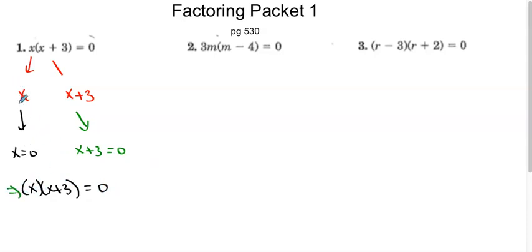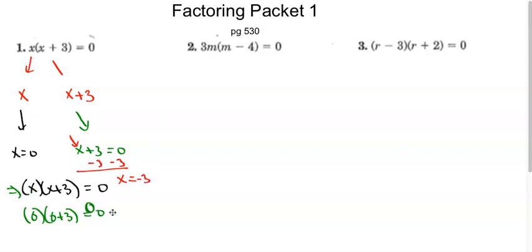Well, this one's easy. When x is 0, if I plug in 0, 0 times x plus 3, I don't even care what x plus 3 is, I will get 0. And what does x have to be here to be 0? If you do a simple subtraction, you get x is equal to negative 3.